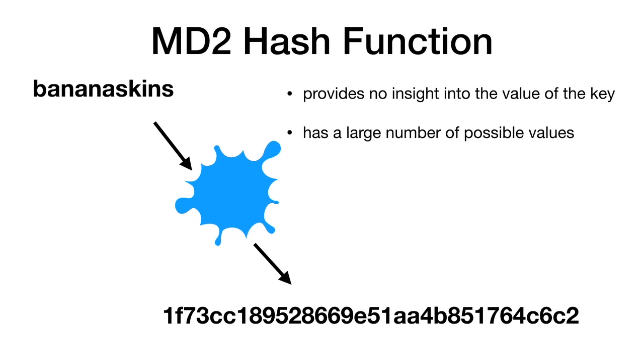It's not especially long, but you could see how to come up with another password that could hash to this by accident would take a lot of work. And more importantly, looking at the hash here, you don't get any clues as to what the key might be. There's no insight into the key there, and that's also very important.